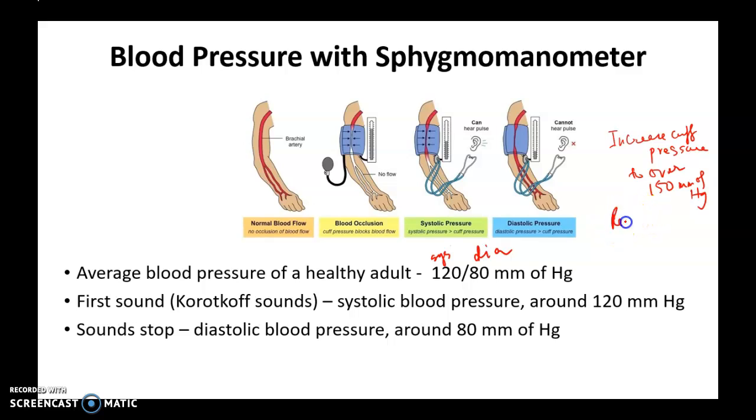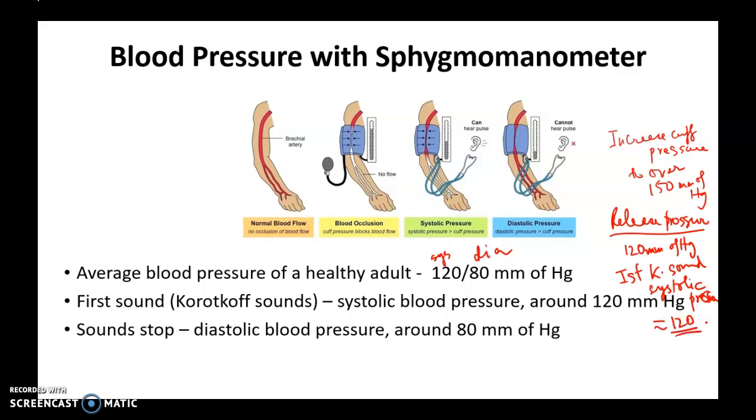Then you gently release the pressure, and when the pressure comes down to 120 millimeters of mercury, you hear the first Korotkov sound, and this is your systolic pressure, which if you are healthy should be around 120.